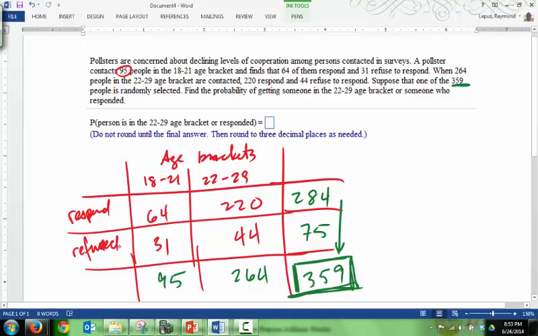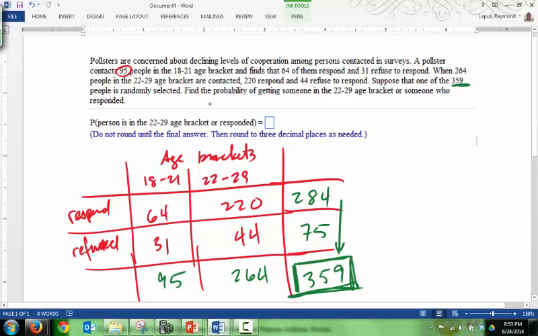All right, so let's try to answer their question here. Their question is, find the probability of getting a person in the 22 to 29 age bracket or someone who responded.